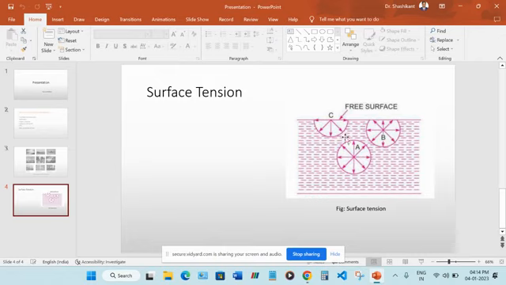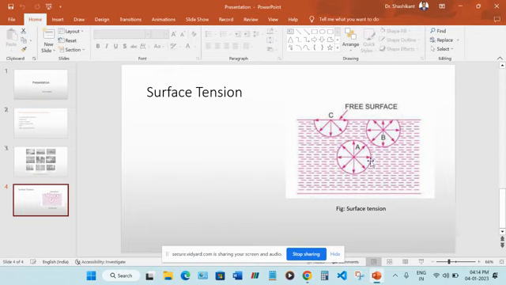Molecule A is attracted by the neighboring molecules by the cohesive force, and only nearby molecules attract each other, not those far away. Generally, the range is about 2 to 3 times the distance between two molecules, so we are considering a sphere of influence here. Within the sphere of influence, the molecules are attracted towards the center, molecule A.